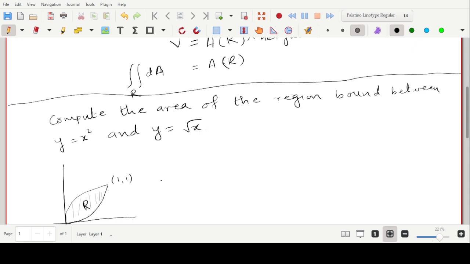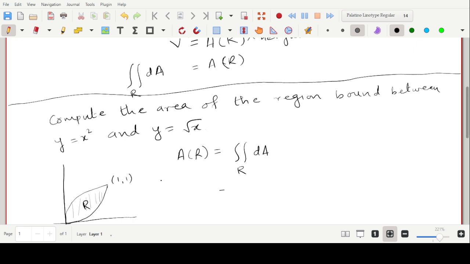Here certainly it is not complicated, because the function is the simplest function, the constant one function. So area of R in this case will be double integral over R dA.